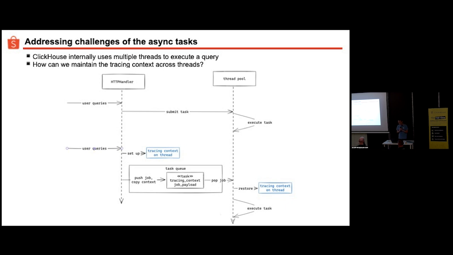When the job is fetched by a thread pool, the thread pool knows that there is a tracing context associated with that job. If there is one, it will restore the tracing context on that thread and do the following processing of that job. And when the job is done, the tracing context on the particular thread will be destroyed.